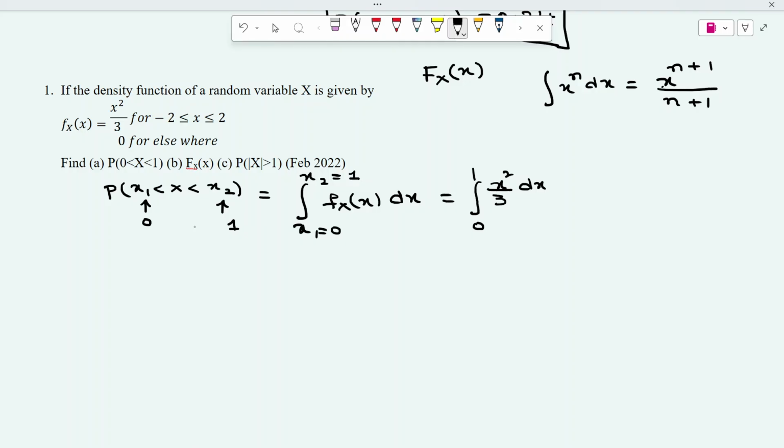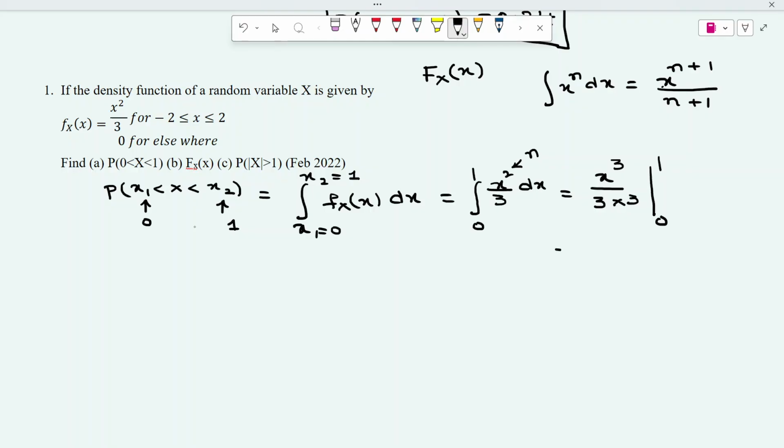Here n is equal to 2, so x power 2 plus 1 by 2 plus 1 is 3. So it will be x cube, already 1 by 3 is there, so 3 into 3, and we evaluate the limits between 0 to 1.